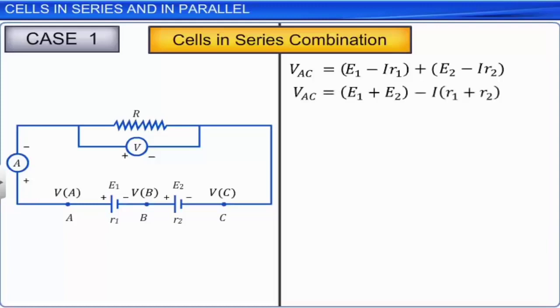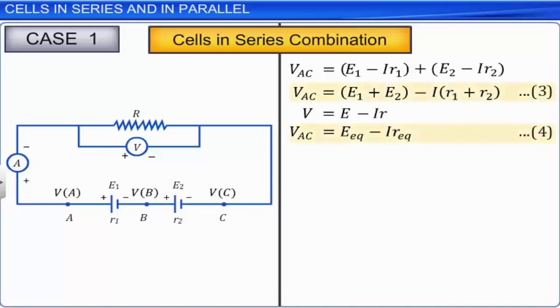Writing equation 3 in the form V is equal to E minus I into R, we get VAC is equal to EEQ minus I into REQ, where EEQ is the equivalent EMF and REQ is the equivalent internal resistance of the combination of the cells. Let this be equation 4. Comparing equations 3 and 4, we can write EEQ is equal to E1 plus E2.